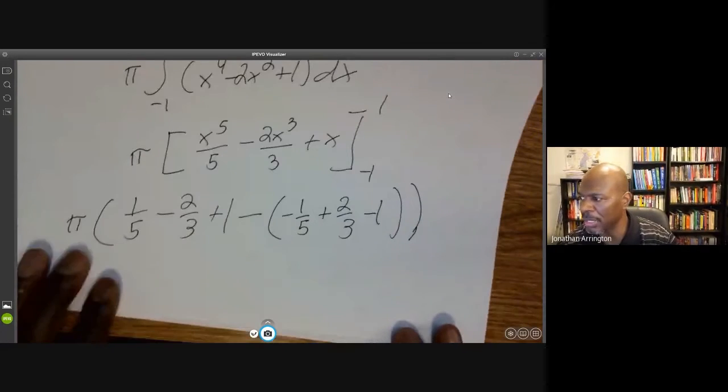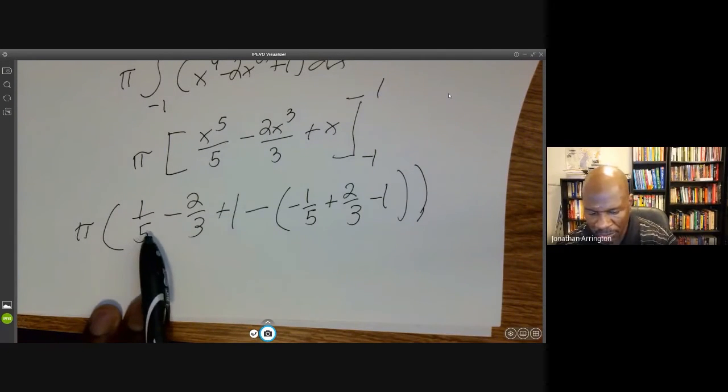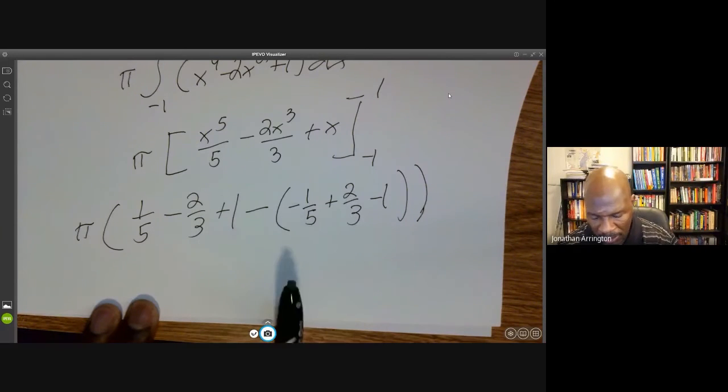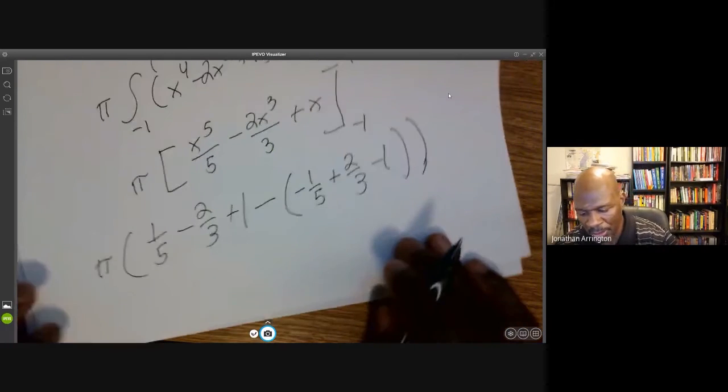Probably should have put this in brackets, but we're fine. So if you notice, and this is why I'm saying everything is going to double, you're going to have 1/5 minus -1/5. That's 1/5 plus 1/5. You're going to have -2/3 minus 2/3. Again, that doubles, and 1 minus -1. So everything's going to double.